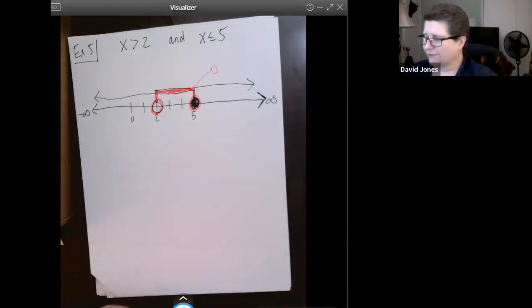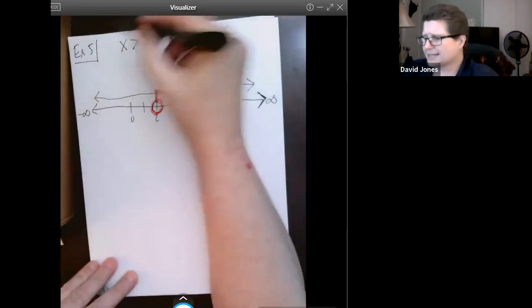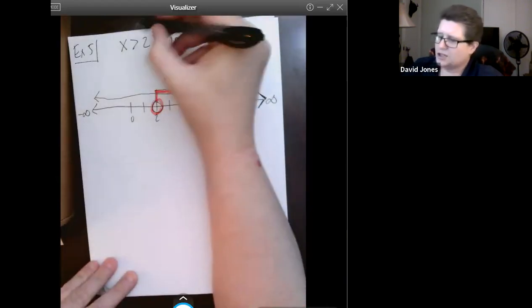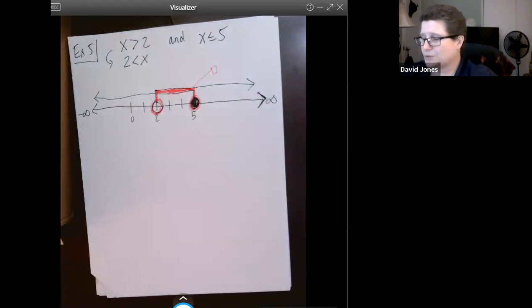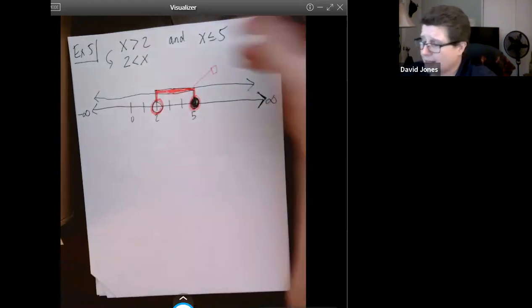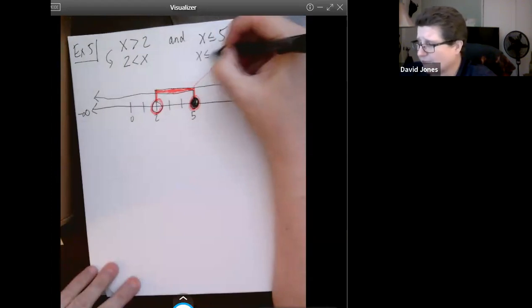The other way of writing this, without interval notation yet: x is greater than 2. If I change the order, I can rewrite this as 2 is less than x. Or x is greater than 2 is the same thing as 2 is less than x. And then I have x is less than or equal to 5.